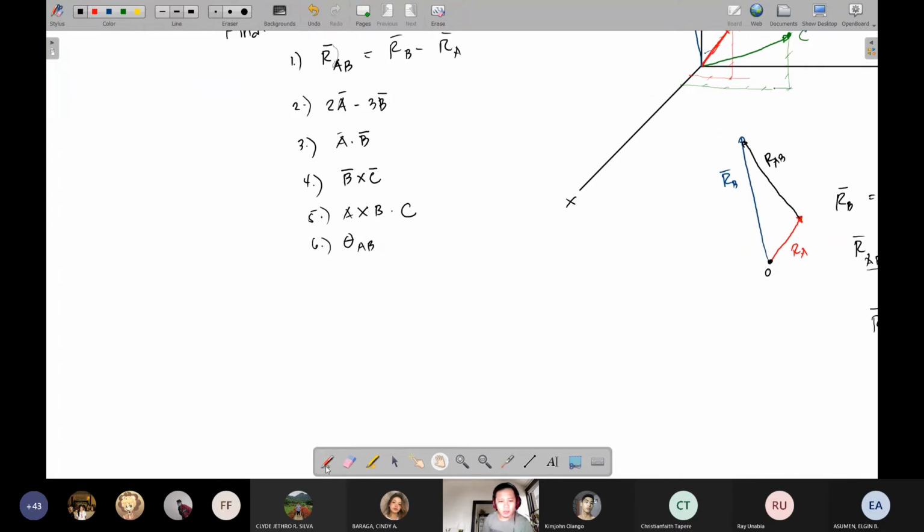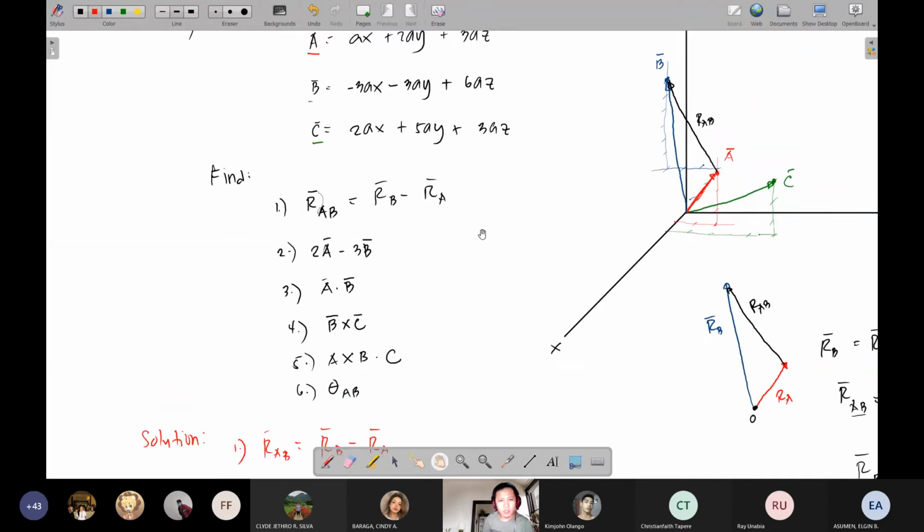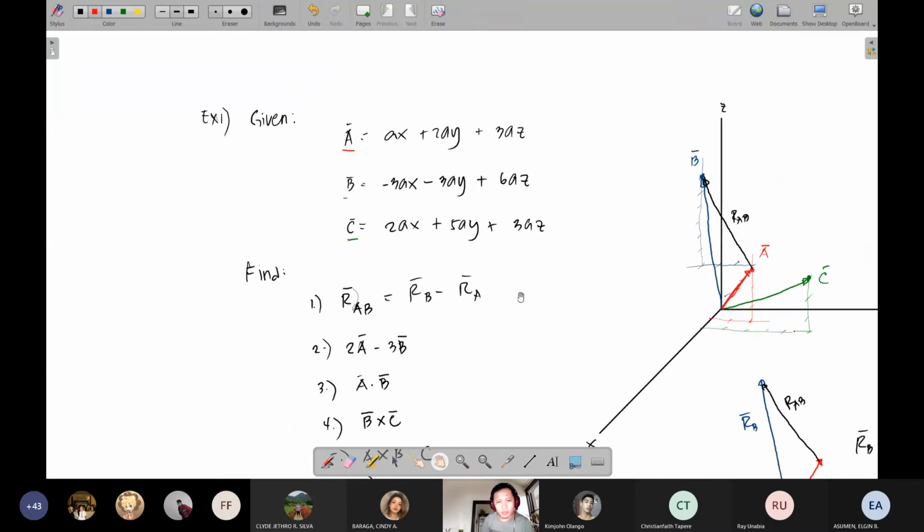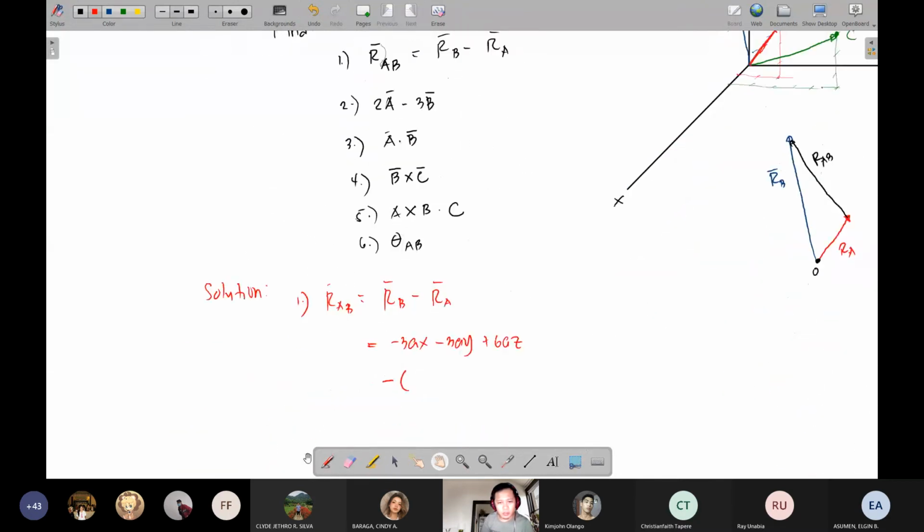Okay, solution. The solution would be number 1, vector AB again is just vector B minus vector A. Vector B is negative 3ax minus 3ay plus 6az, minus vector A, which is ax plus 2ay plus 3az.